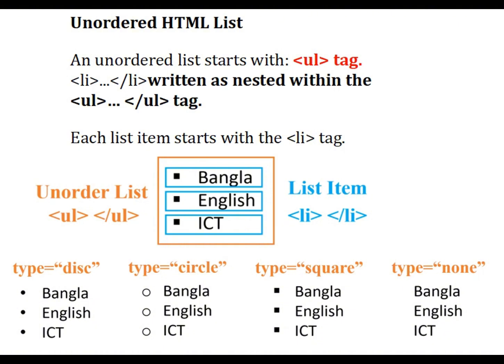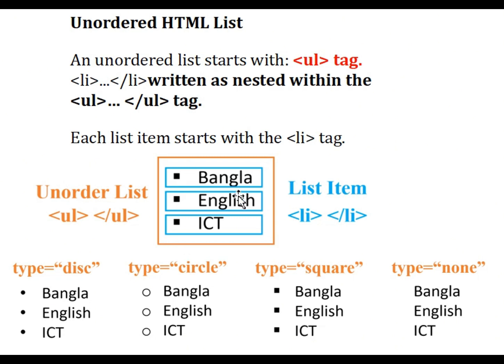Unordered list is actually the same as the order list. So instead of OL meaning order list, we have to use the UL tag for unordered list, and of course the list opening and closing tags have to be nested within the UL tags.